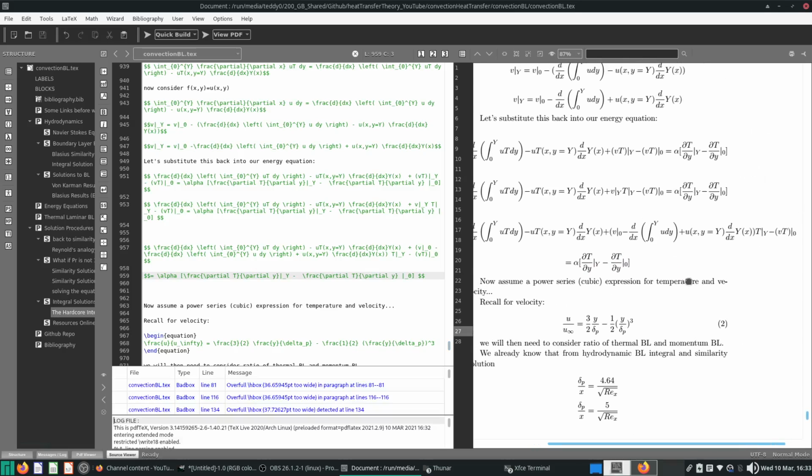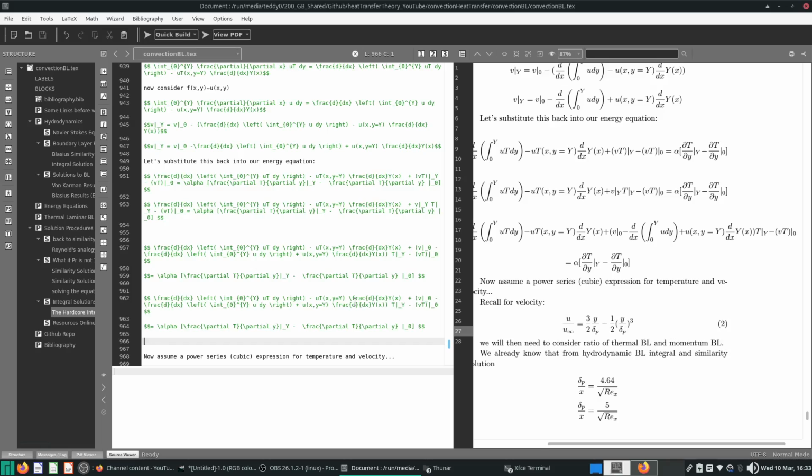So, hopefully some terms start to cancel out. That is the hope. Let's see whether this hope comes true or not, or we're going to end up with a monstrosity of equations. So first thing first, I'm going to multiply this Ty into every term.